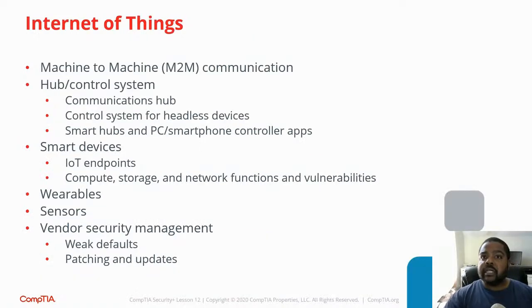So I kind of touched on the Internet of Things earlier with the embedded systems, but just to dive deeper into that, Internet of Things could be anything that connects to the internet and desires some type of communication.